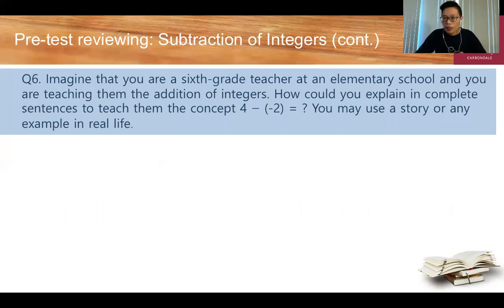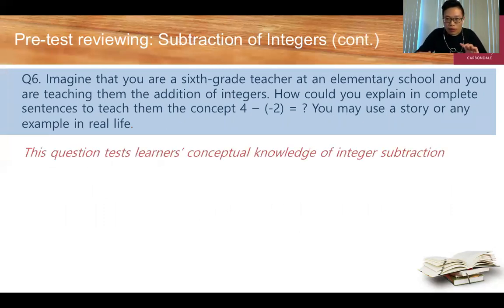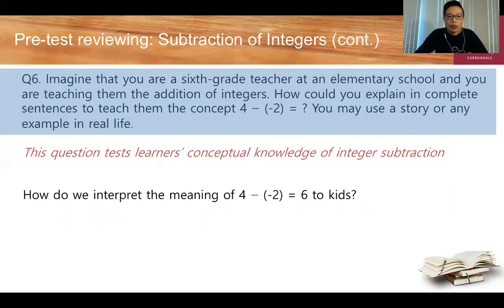Question 6, again, is back to conceptual knowledge. So we will have to interpret the meaning of 4 minus negative 2 is 6, okay? I know some of you used money or apples as a story for some specific questions in the pretest.